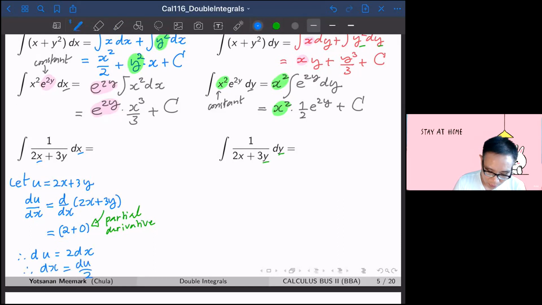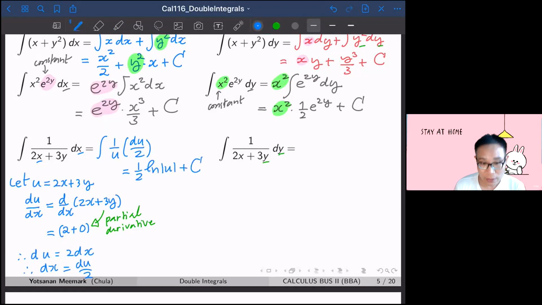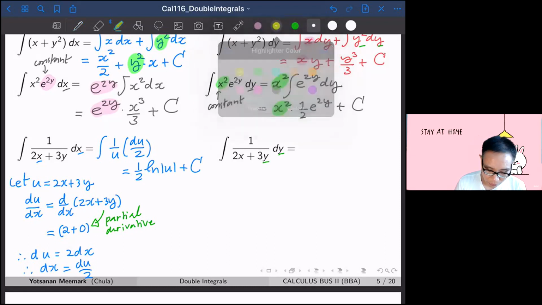So this will be the integral of 1 over u, with dx equal to du over 2. So it's going to be 1/2 log absolute u plus c. This is just using integration by substitution.